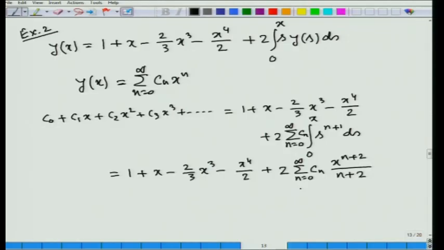Now, this problem is a little bit interesting from two sides. Number 1, up to x to the power 4 we have one sort of relations between these cj's, and for x to the power n plus 2 by n plus 2, whenever this n plus 2 is greater than 4, then we will have another set of relations.